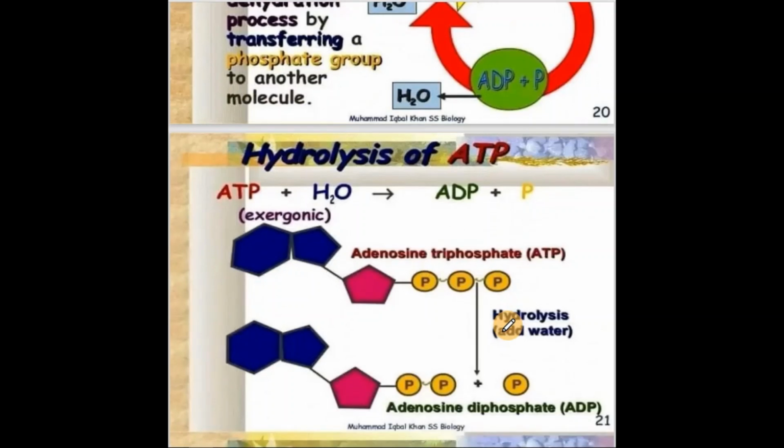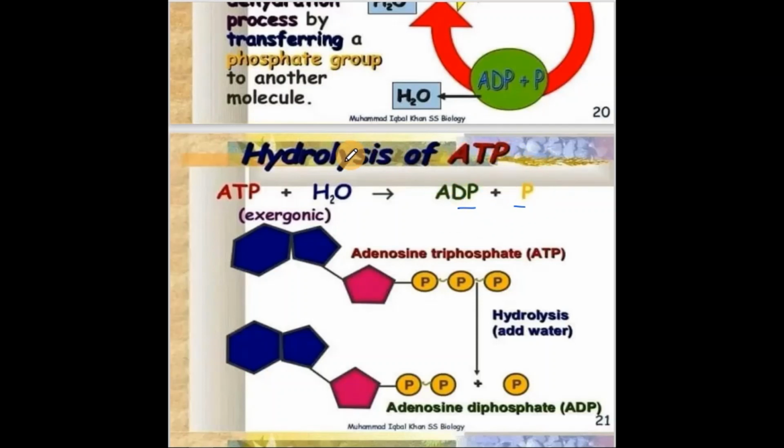If I hydrolyze an ATP molecule, the forward reaction is a hydrolysis reaction, whereas the backward reaction is a dehydration reaction. For you to dehydrate ADP and phosphate to form ATP, you need to hydrolyze ATP, because hydrolyzing ATP produces a net energy of enough quantity to supply this reaction to proceed.